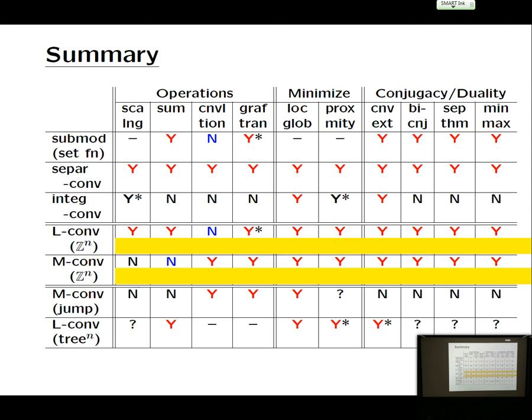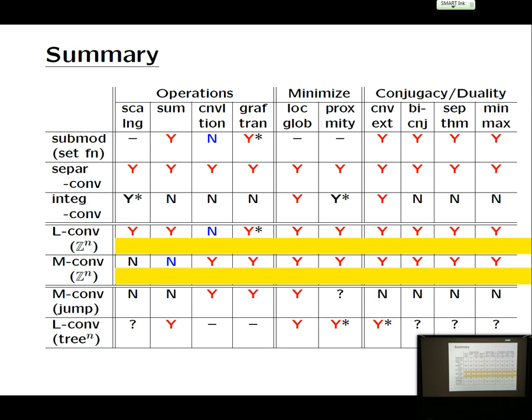Now look at L and M convex functions. They're pretty good, but there are some N entries here. If you have good eyes, there are two kinds of N, blue N and black N, here, here, and here.